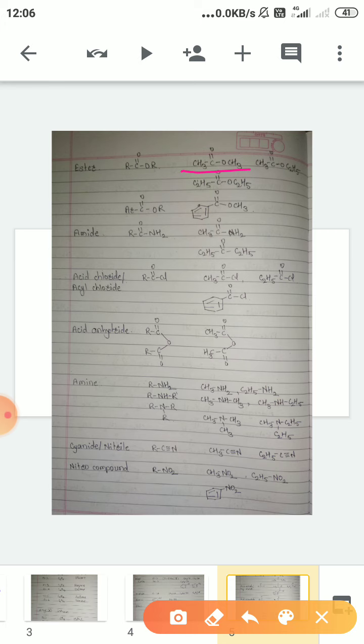Next one is CH3 C double bond O OC2H5. Here the alkyl group is CH3, and here C2H5. We have to start the naming of these esters from the alkyl group attached to the oxygen atom, that is methyl acetate.